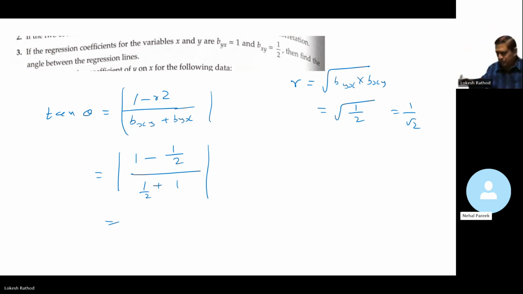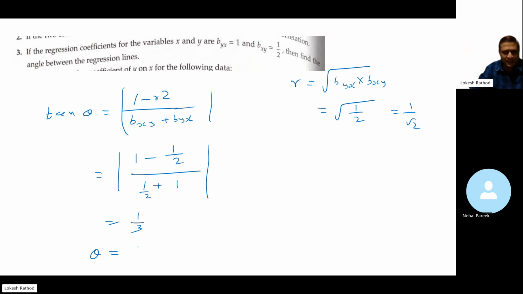1/3, correct. So tan theta is 1/3. They are asking theta. So what is theta? That is not a known angle. Suppose tan theta is 1, we know theta is 45 degrees; tan theta root 3, we know 60 degrees; 1 over root 3, 30 degrees. But this is not known.